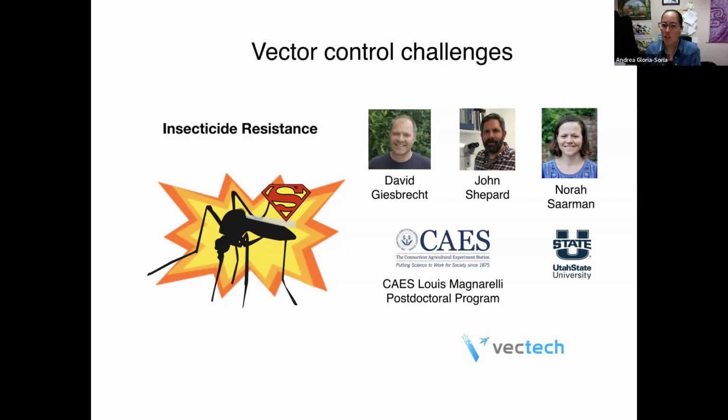My co-investigator, John Shepard, leads the mosquito control surveillance program here at the station, and my colleague, Nora Sarman, is at Utah State University in partnership with Vectec, which is a company that uses imaging to identify mosquitoes.